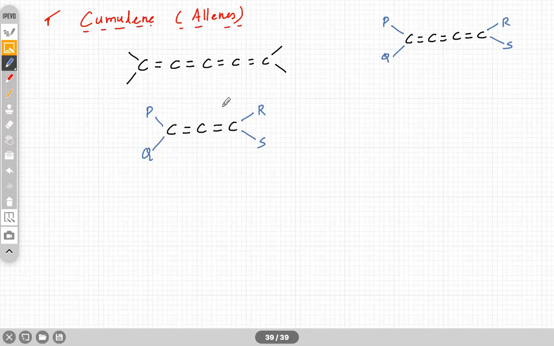Two things you have to keep in mind here. The first thing is that in this bond, R and S, one is going into the plane and the other one is coming out of the plane like this.